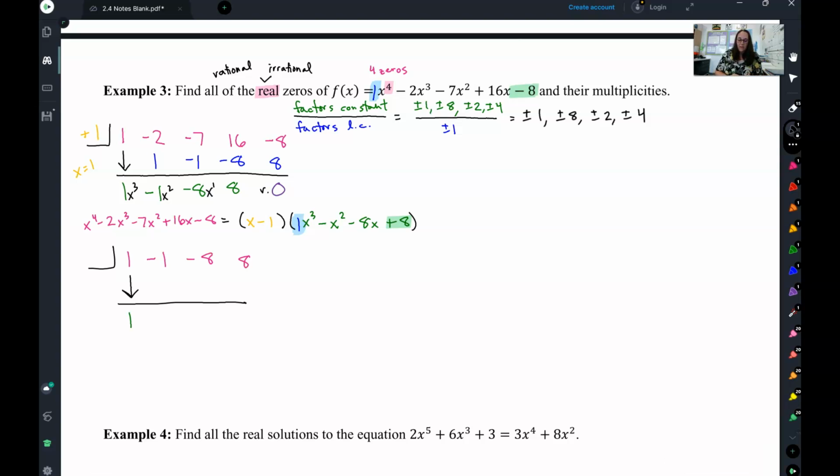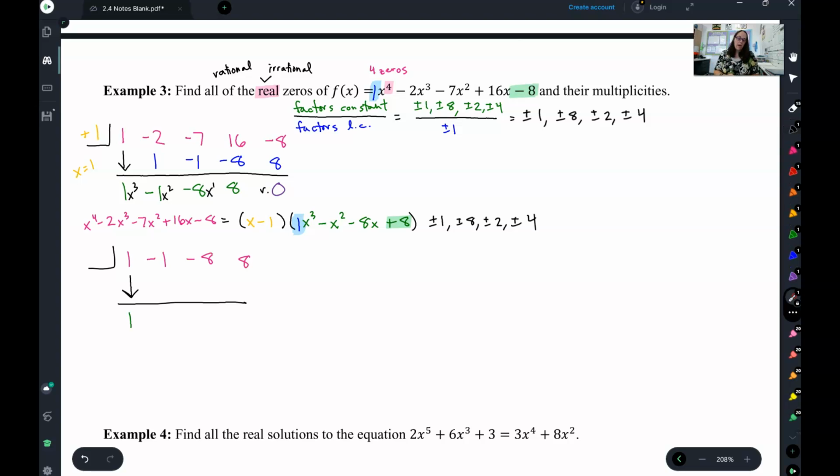Because the factors of 8, even though it's a positive 8 instead of a negative 8, are still going to be the same plus or minus numbers. And the factors of 1 will still be 1. So I'm going to relist it right here. Here is my list of possibilities.